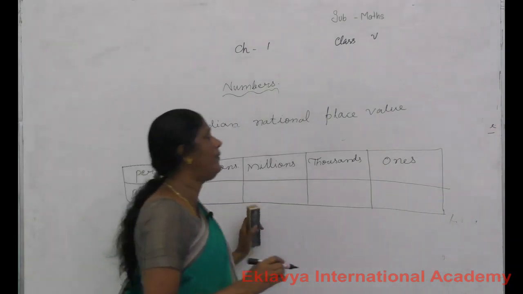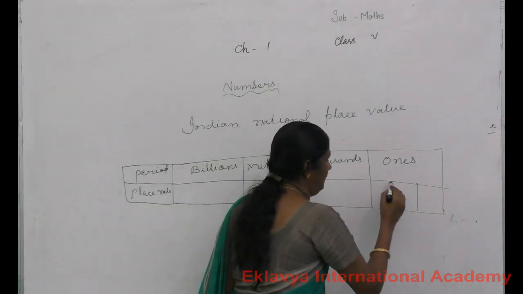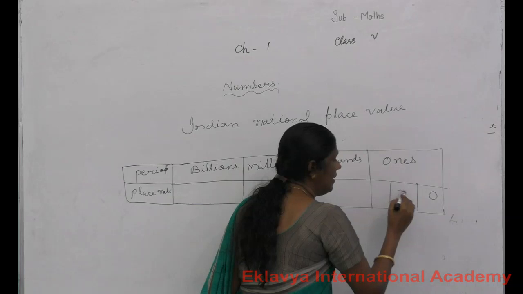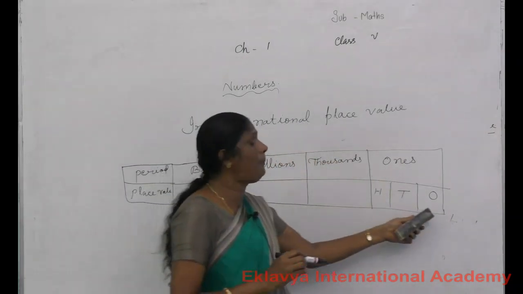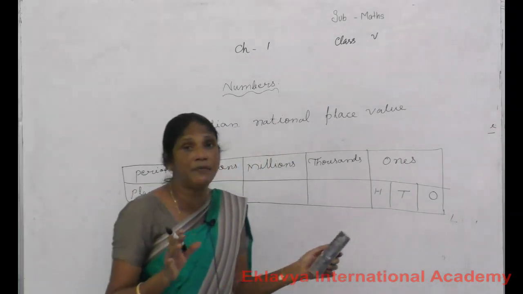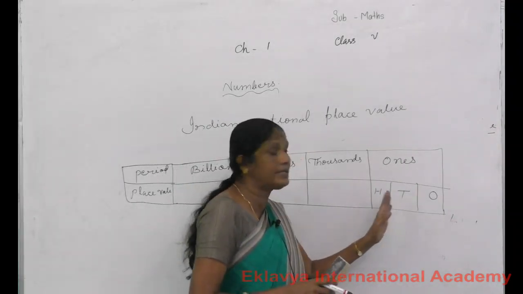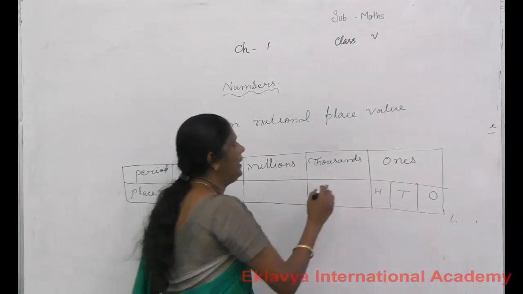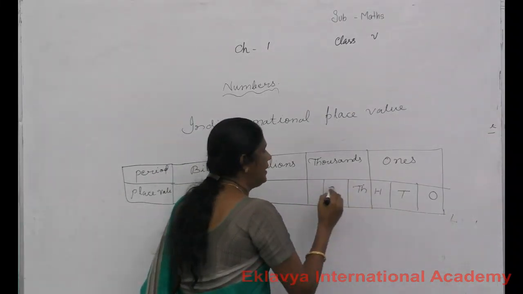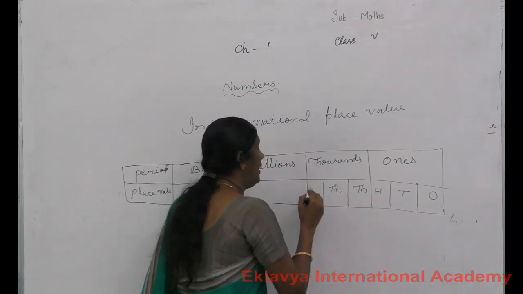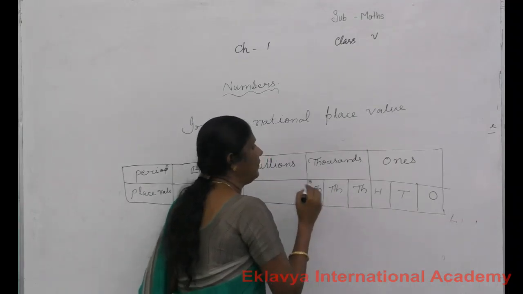In ones period we divide into 3 places: ones, tens, 100. Then in thousand period also 3 places: 1000, 10,000, 100,000.